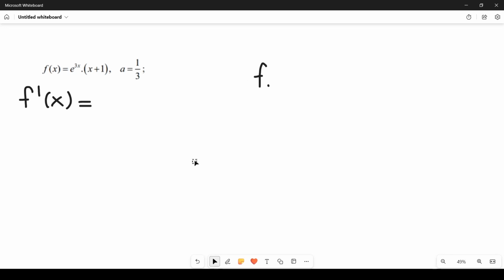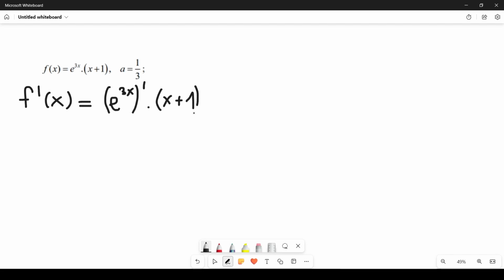And now we can say that this expression here is the first function we have, e to the power of 3x, and its first derivative times (x plus 1), which is the second function, plus e to the power of 3x times the first derivative of x plus 1.